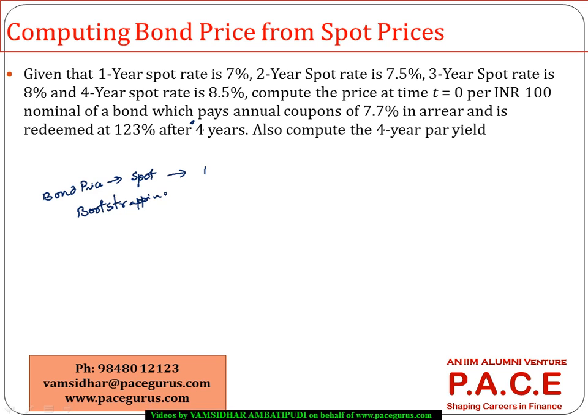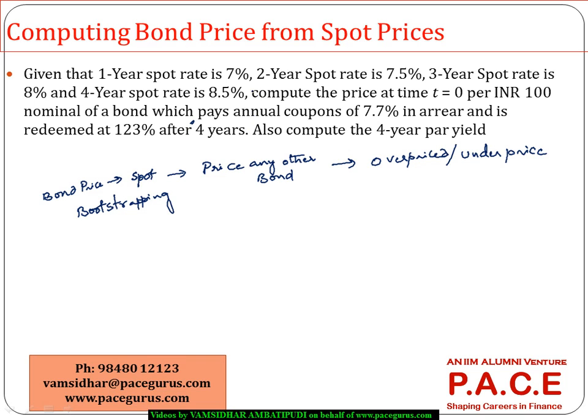Now, once I am aware of the spot prices for various years, how do I use that information to compute the price of any other bond, and decide whether it is overpriced or underpriced? So that is one powerful application of spot prices, valuing the bond using those spot prices.